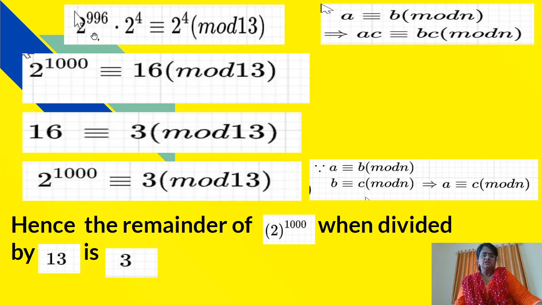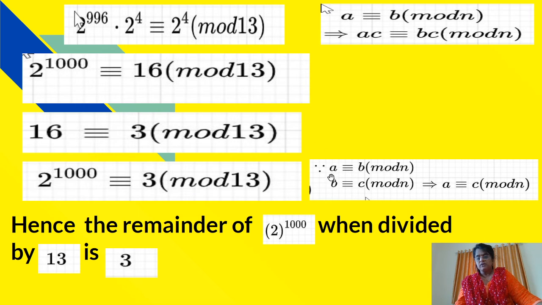Hence, from this equation, we have 2^1000 is congruent to 16 mod 13. If we divide this 16 by 13, then we can write the equation 16 is congruent to 3 mod 13. Hence, from these two equations, we can write 2^1000 is congruent to 3 mod 13.